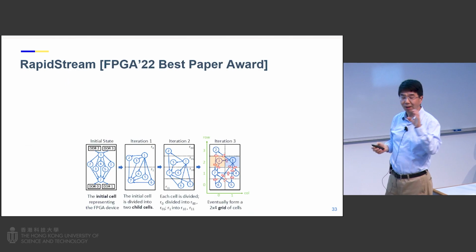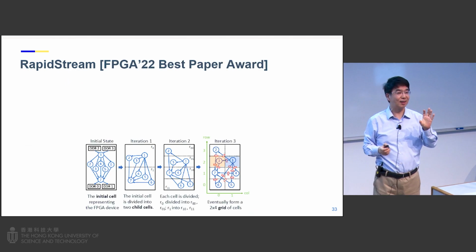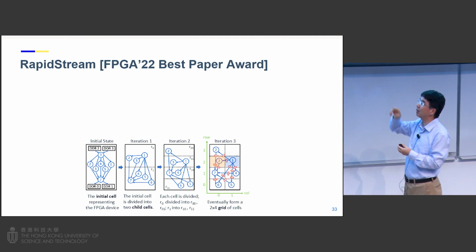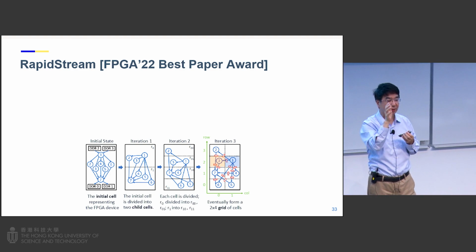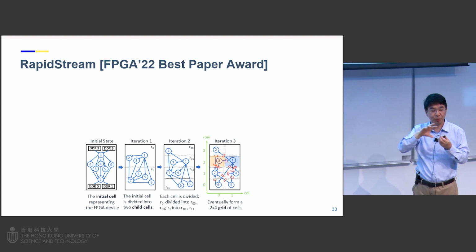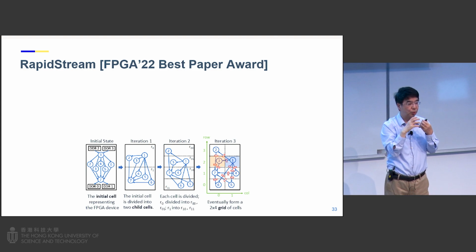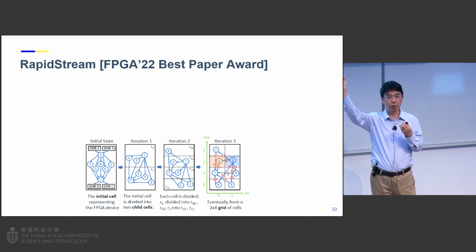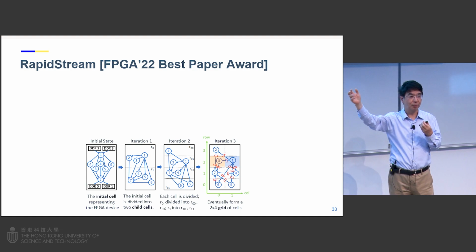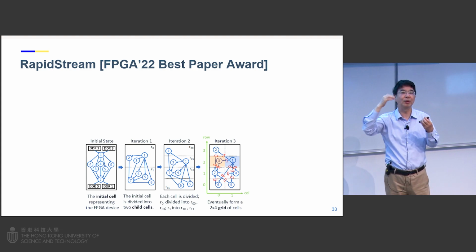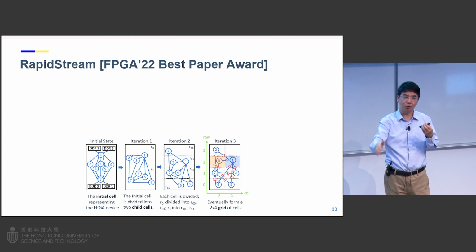But because we did this space-time optimization, remember, because I added these pipeline registers when you cross multiple dies, now all of a sudden, each piece of a circuit within each region is isolated. They don't have any path that goes to another region, because if they go to another region, this is considered to be a long interconnect. I will insert a pipeline register to cut you off.